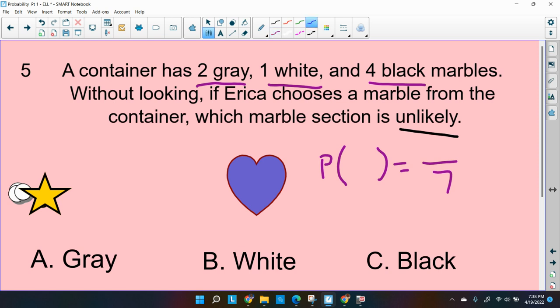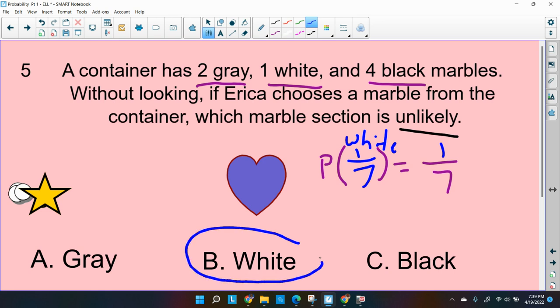It seems I have a lot of black marbles there. There are 2 gray marbles, but there's only 1 white marble. So 1 out of the 7. So I should say white, 1 out of 7. Put my 1 over 7 out there. So my probability that's unlikely would be 1 out of 7. So that white marble would be the one that's kind of unlikely.